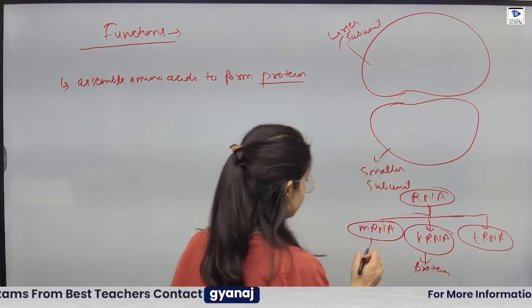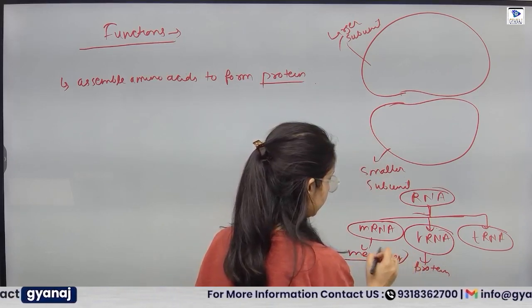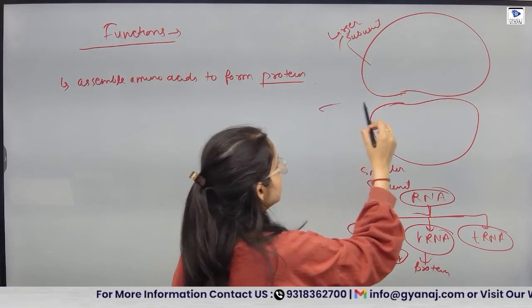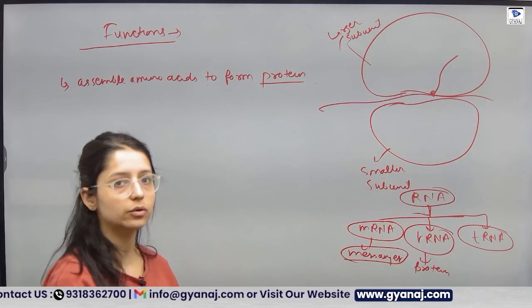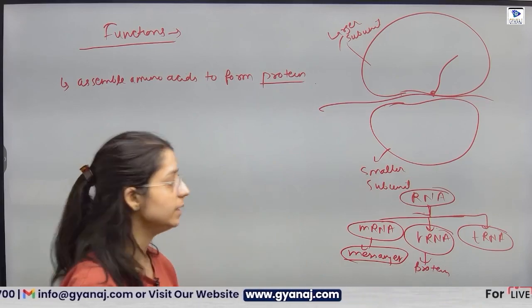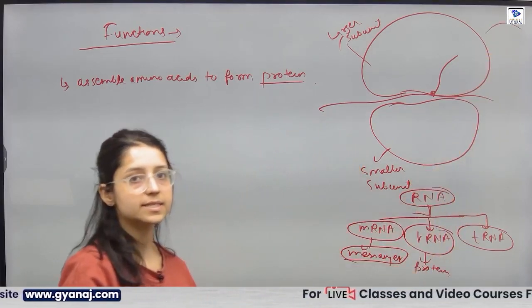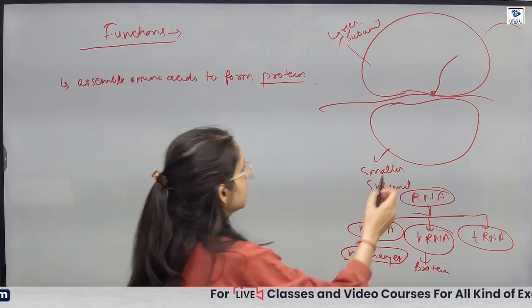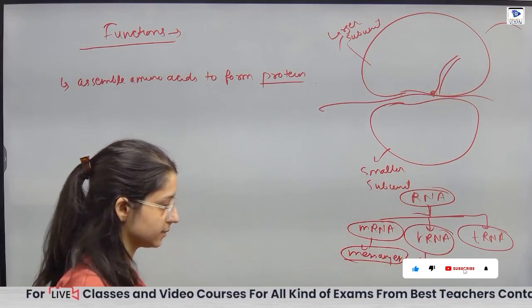This is the messenger RNA, from where the amino acids will join together through the codon and anticodon and form the polypeptide. tRNA brings the amino acids from the cell and binds to the site of protein synthesis.